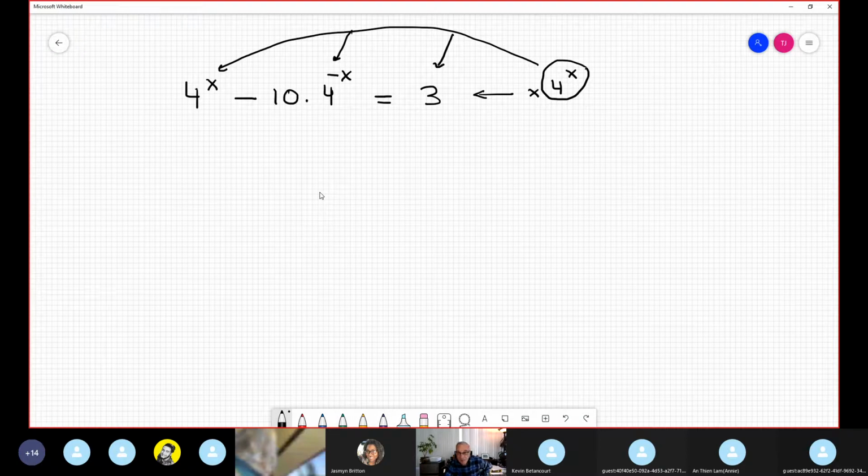Okay, you multiply: 4 to the x times 4 to the x is 4 to the 2x, because x plus x is 2x.